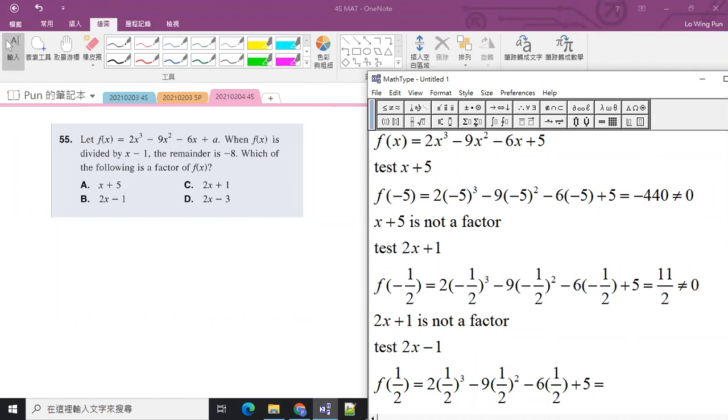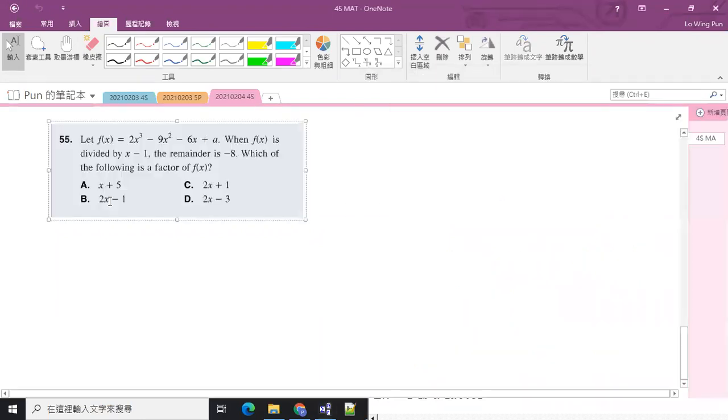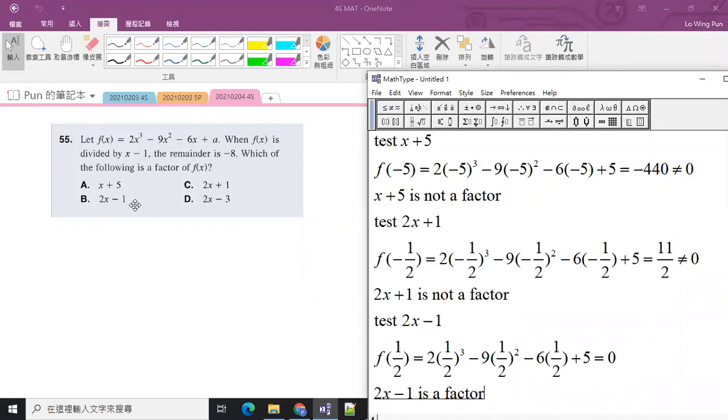It should be equal to 0. Therefore, 2x minus 1 is a factor. So it is option B. I had swapped the order, and this is B. Option B should be the answer, since it is a factor of f(x). Okay?